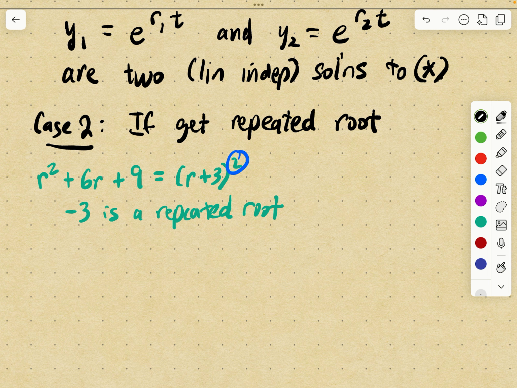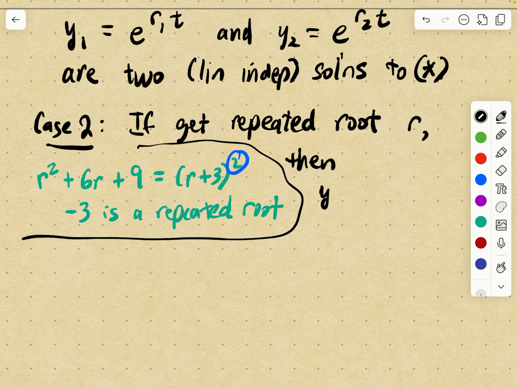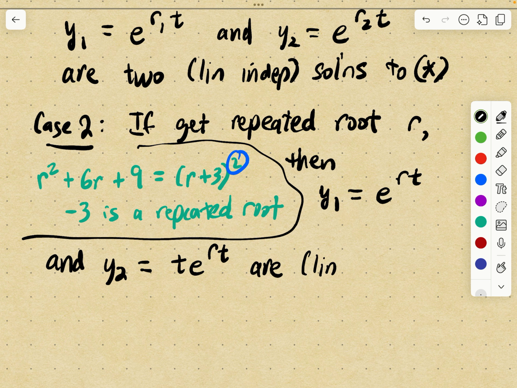So in this case, if you get a repeated root, let's call it r, then y1 you can take to be e to the rt, and y2 to be t e to the rt. These are linearly independent solutions.